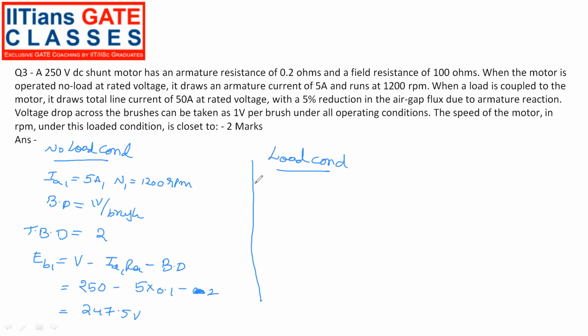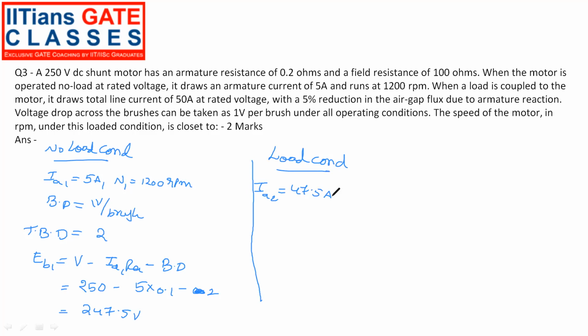In the load condition, you have to solve for IA2. If you solve for IA2, we'll be getting 47.5 amps. Why?